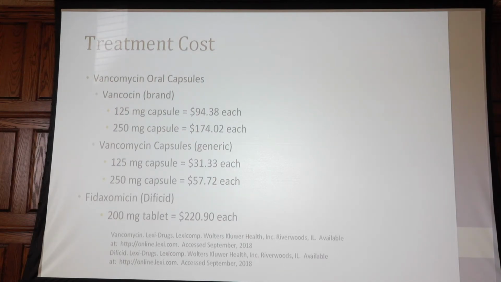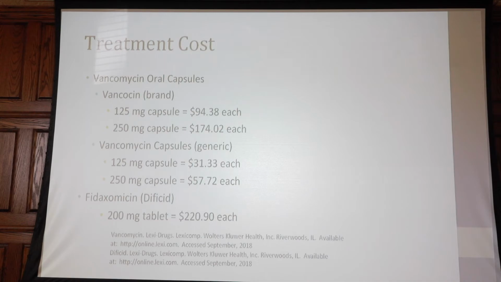There are generic capsules that are a third of the cost now. That came out recently. Most of the pharmacies will not carry this on the shelf, and most insurance companies will require a prior authorization. And it's always good to call the pharmacy department, or local pharmacies, to see if they have it on the shelf or not.